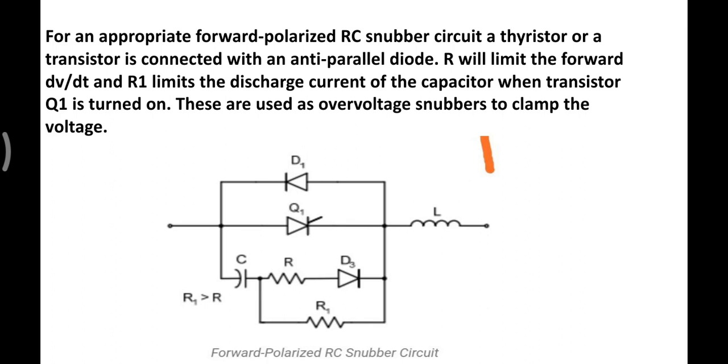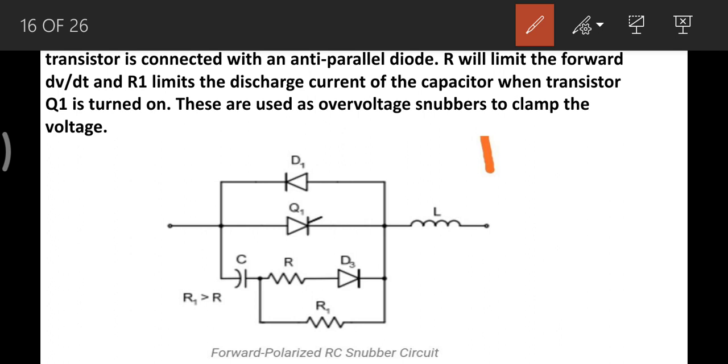For an appropriate forward polarized snubber circuit, thyristors are connected with an anti-parallel diode. R limits the forward dV by dt and R1 limits the discharge current from the capacitor when the transistor Q1 is turned on.